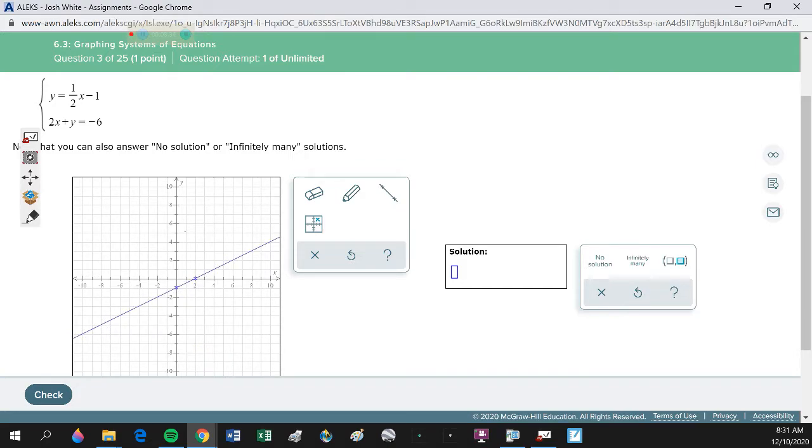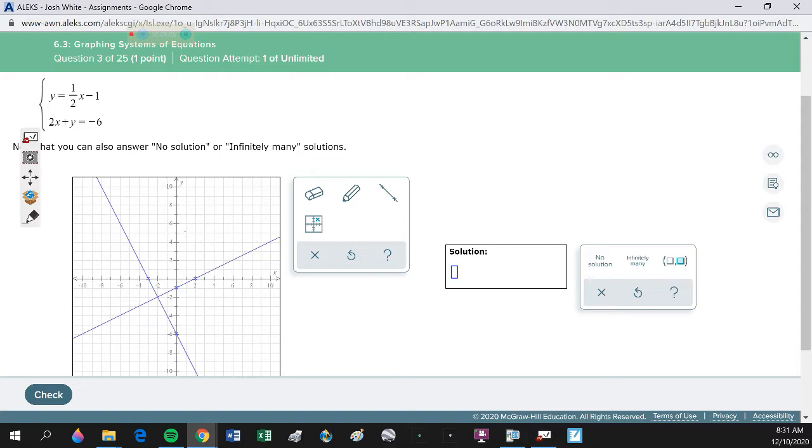And the second one, when I cover the x, what does y equal? -6. Okay, -6. And when I cover the y, what does x equal? -3. Now, where do they touch? (-2, -2). So I write (-2, -2), and solve it.